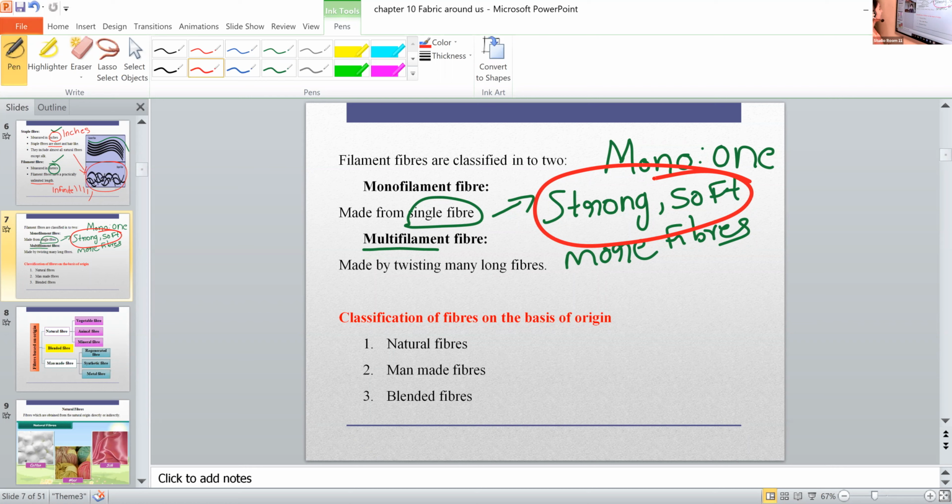The next one is multi-filament fiber, which means it is made from many fibers. They are also very soft and durable, because we made it from different fibers. So it has more durability, soft and durable.